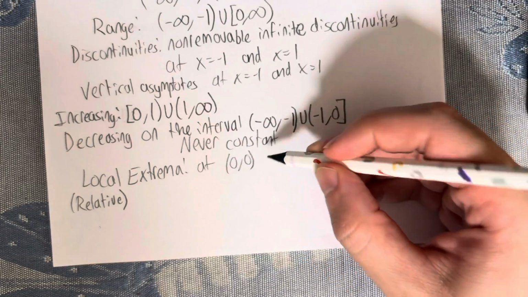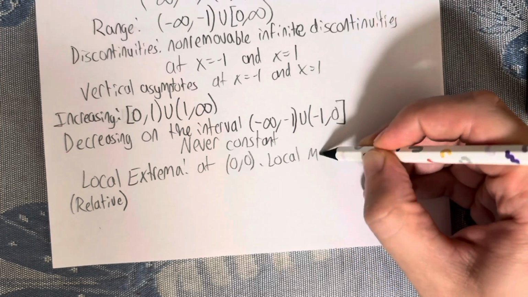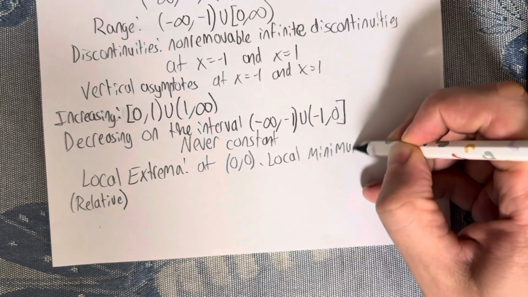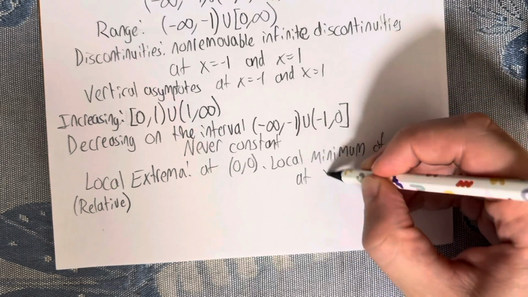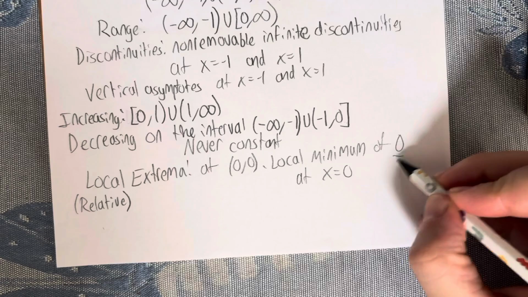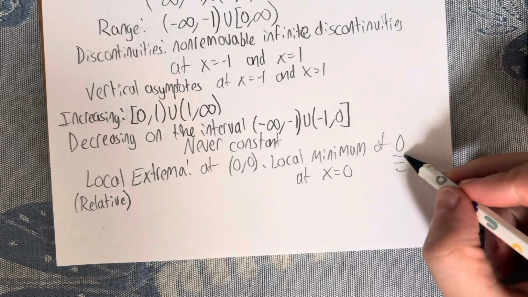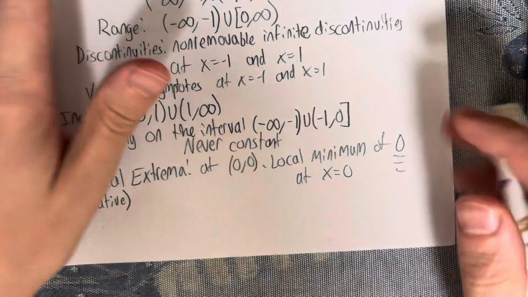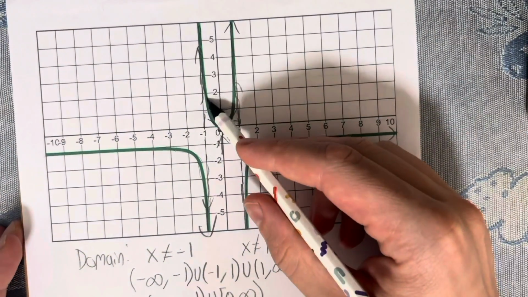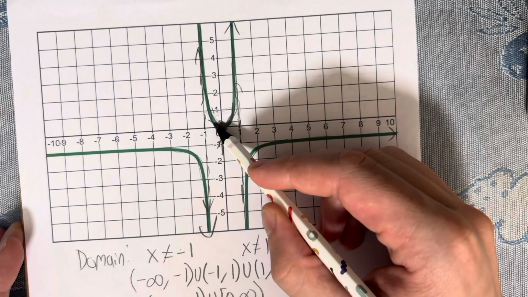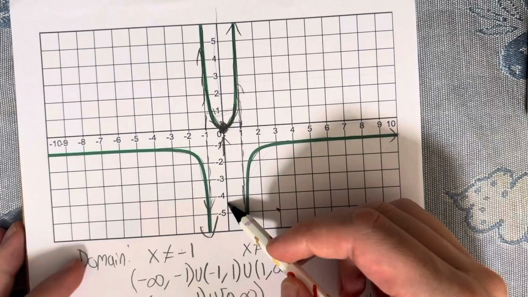We would say it has a local minimum of 0 at x equals 0. So this 0 here is representing the output value of the function. It's representing the fact that we're at y equals 0 here. That is the lowest y value in this area, and it occurs when x equals 0.